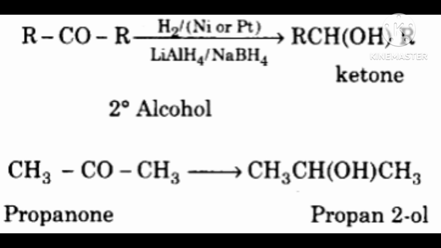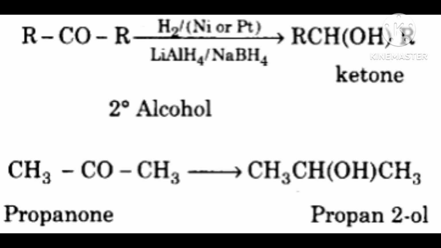Alcohol can be prepared by reduction of carboxylic acids and esters. Here you know carboxylic acid has the RCOOH group, and ester is RCOOR. In the place of H, R will come. This is the difference between acid and ester. RCOOH, COOH, that is the carboxylic acid group.